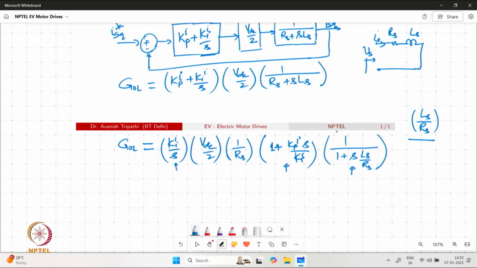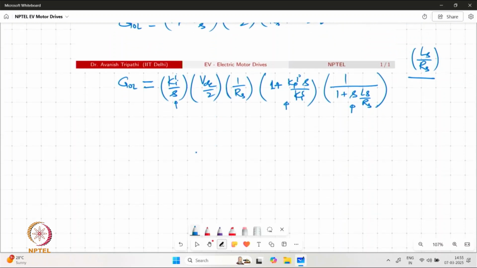This circuit as such cannot go unstable because of the availability of only one pole. There is no resonance possibility over here. However, we would like to have a quick response from this circuit. So we would like to compensate for the slower pole which is available on account of the parameters, and for doing that we will use the zero found by the PI controller.